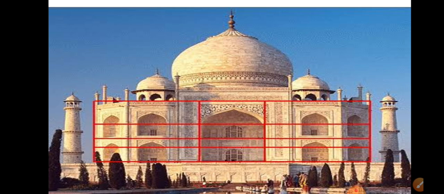In the Taj, in this picture, there are different sections, a bigger part and a smaller part, and the bigger part divided by the smaller part will be nearest to 1.618. Any architecture that follows the golden rule will be attractive.